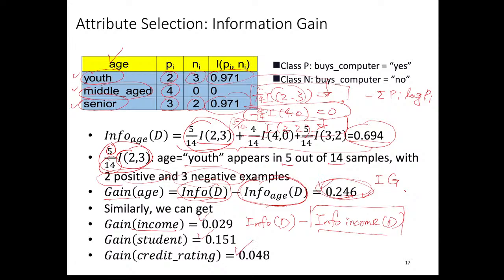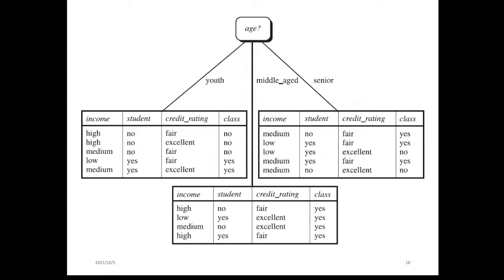It turns out that if we use age to split people into groups, it gives us the purest result, because the purity score improves the most. So we will use age to divide people into 3 groups. This is what we get. For all the youth people, you come to this table here.